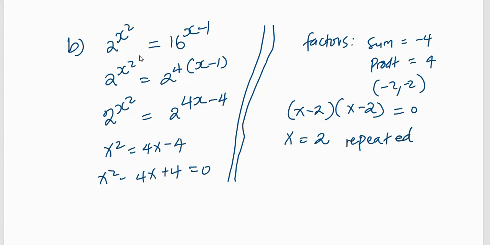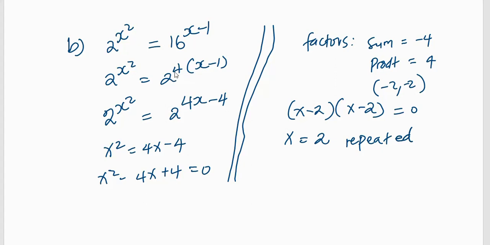Now when I look at this, I have powers, I have indices. So now 2 to power x squared is equal to, remember this is 16. Can I make 16 out of 2 to power something? Yeah, because I always hustle to make sure that I have the same base on this side and on this side. So if I am to have the same base, it should come to 2.